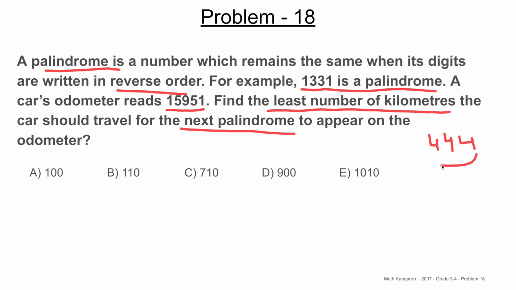When we read it in reverse, we read 444. It's a palindrome number. Pretty cool, right? Now to solve this problem, we will use the method of elimination. We will check the next numbers after 15951 by looking at the options and eliminate those which are not correct. So let's begin.